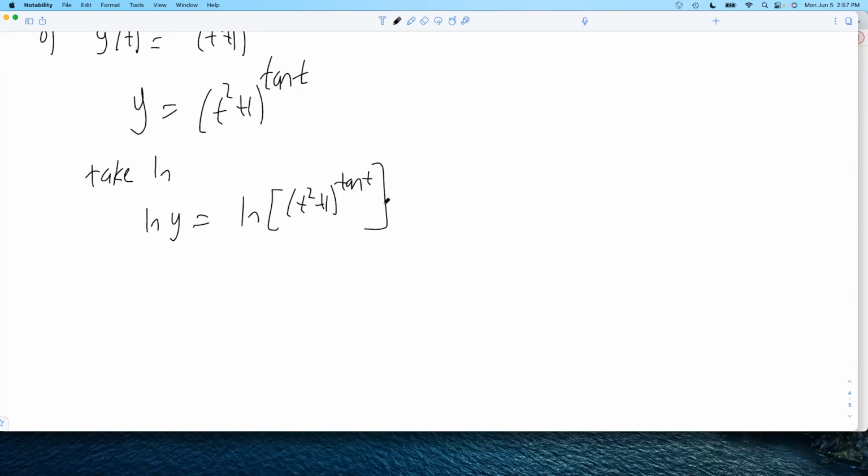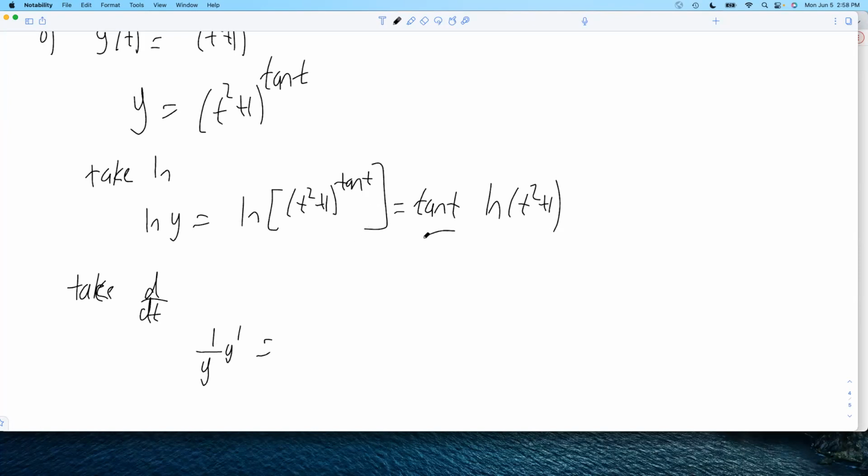The whole reason we take logs is to use the rules of logs. This tangent of t will come down to ground level. Now I take the derivative with respect to t, that's my independent variable, of both sides. Derivative of natural log of y is 1 over y times y prime.